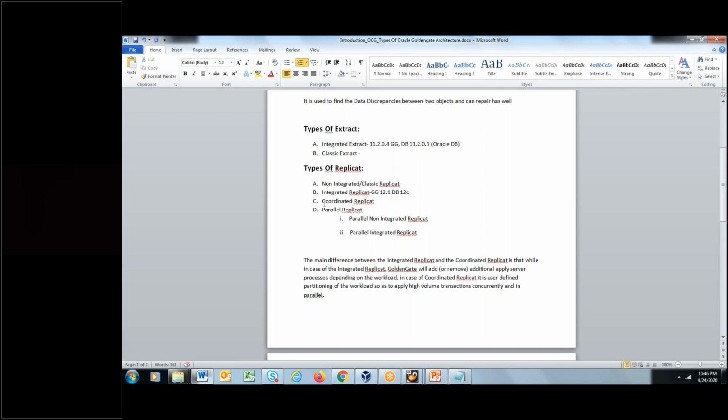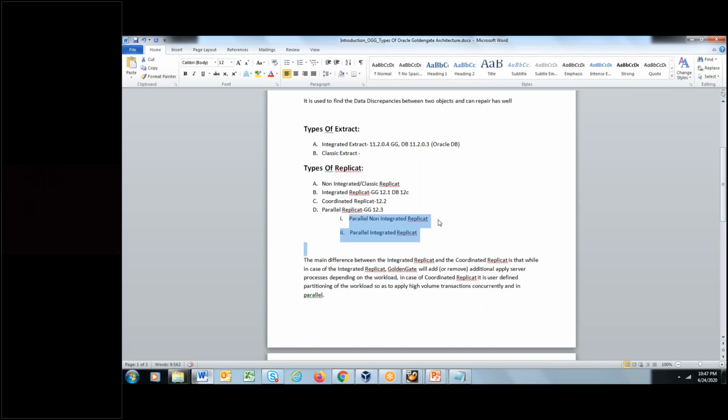Then you have coordinated replicate. Coordinated replicate was introduced in GG 12.2. Then you have parallel replicate, introduced from GG 12.3. There are two types of parallel replicate: parallel non-integrated replicate and parallel integrated replicate.